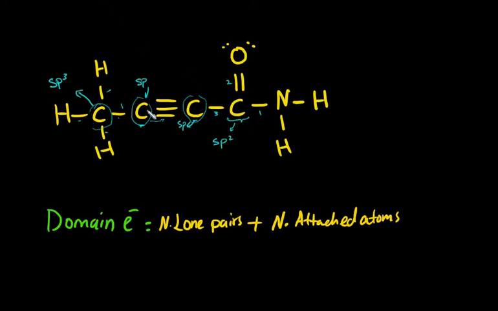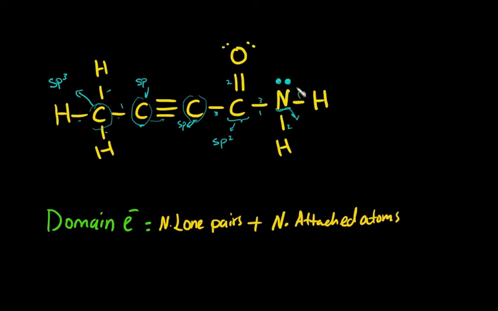Alright, let's move to this nitrogen. This nitrogen is attached with 3 atoms: 1, 2, 3. Does this nitrogen have any lone pairs? Yes, it should have one lone pair here, but I didn't put a lone pair here to make a notice for you.